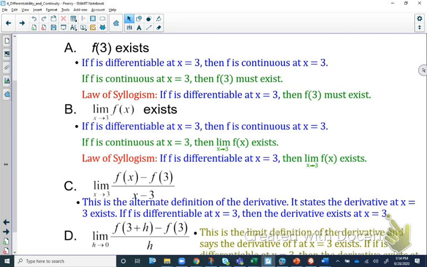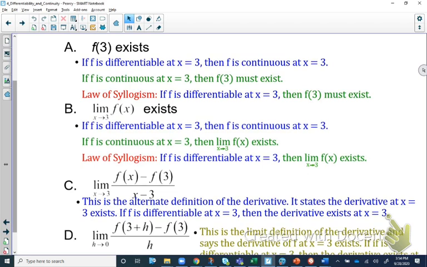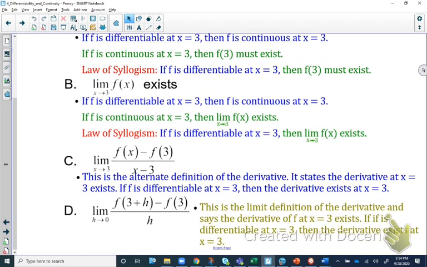So here what I would be looking at is the limit definition of the derivative, and it says that the derivative of the function at x is equal to 3 exists. So if it is differentiable at x is equal to 3, then the derivative must exist at x is equal to 3.